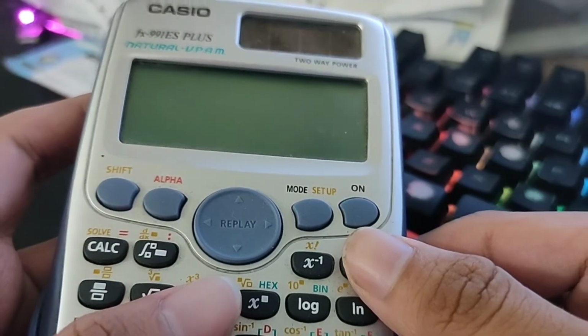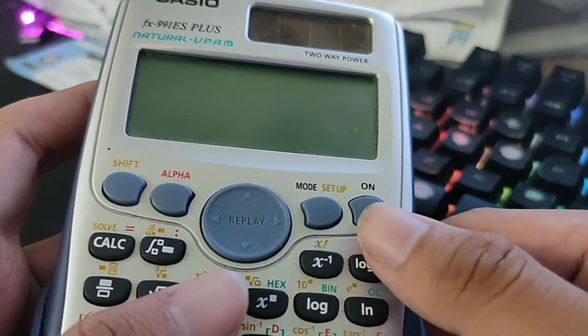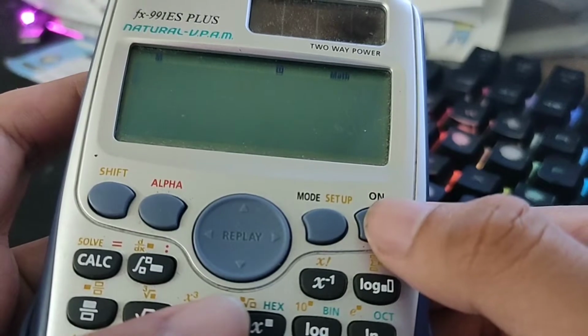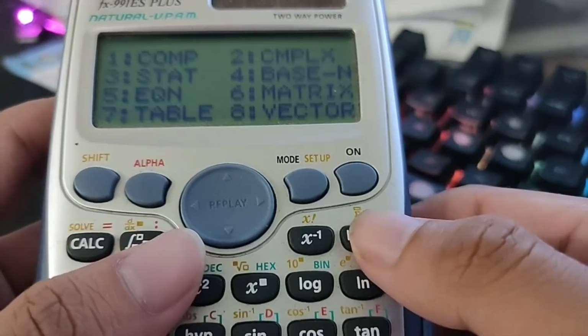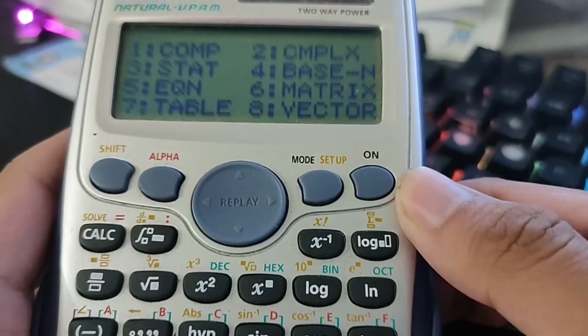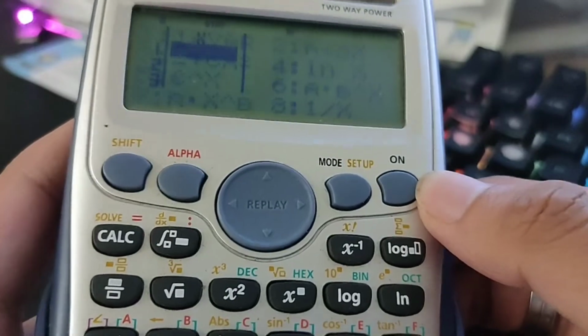Now we're going to identify the sample mean and the standard deviation. So first, on your calculator, press mode, then press 3, which is stat, and 1, which is 1-var.